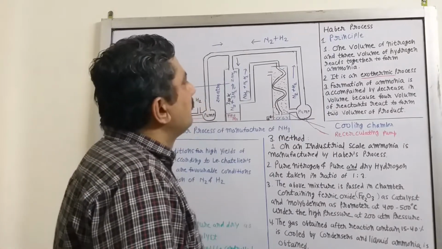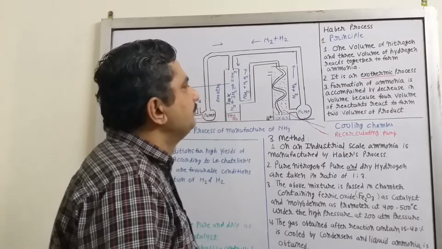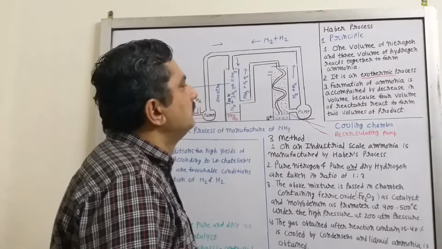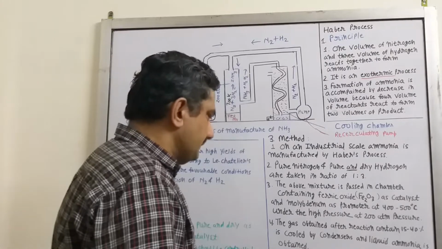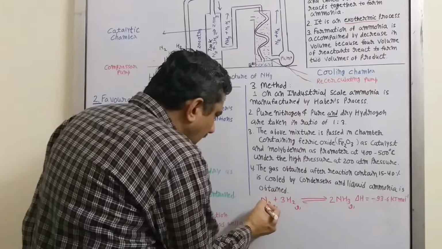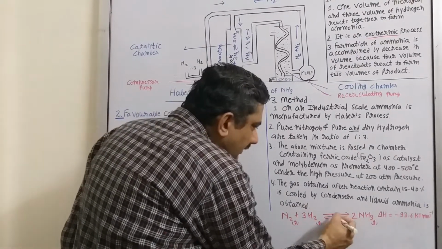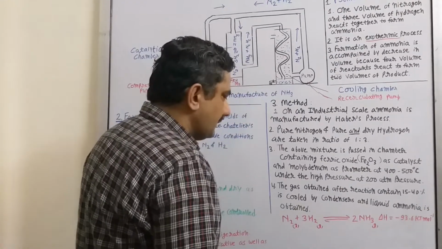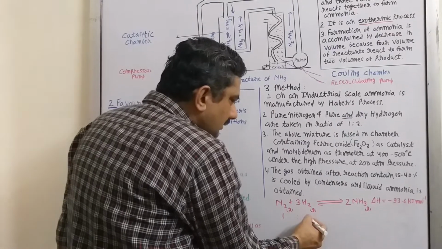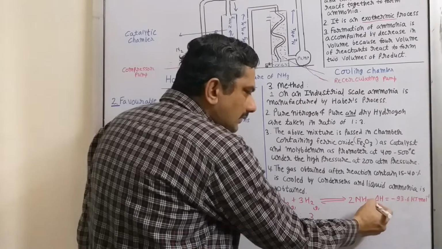3rd, formation of ammonia is accompanied by a decrease in volume because 4 volumes of reactant react to form 2 volumes of product. Here we discuss the reaction N2 plus 3H2, reversible reaction, 2NH3. 1 volume of nitrogen combines with 3 volumes of hydrogen and gives 2 moles of ammonia.